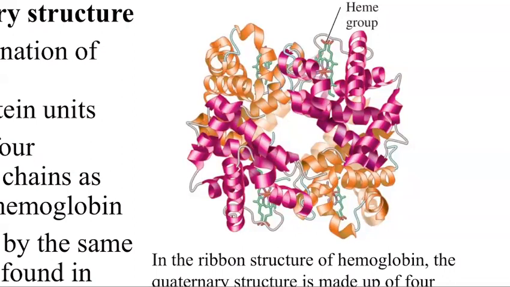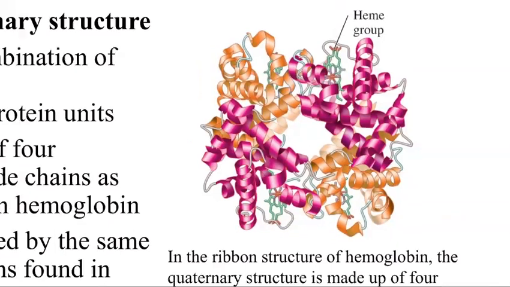But understand that the main thing that we're getting out of this ribbon diagram for this protein is that there's 4 pieces coming together in order to look at the overall structure of hemoglobin. Like I said, not every single protein has multiple subunits to give the largest structure, but some do, okay?